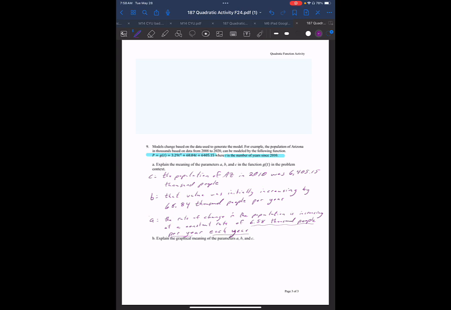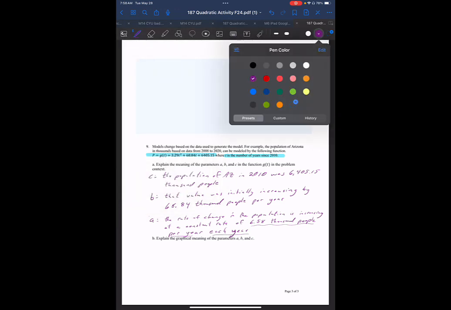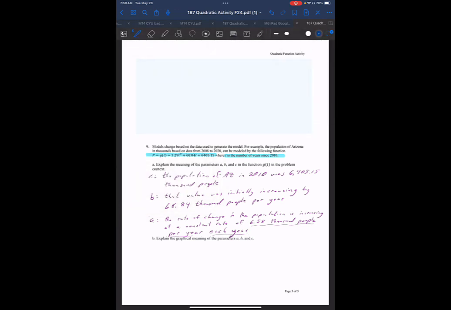And so then it goes on to say, explain the graphical meaning of these parameters. And so graphically, let me just change my pen for this one so it looks a little different on the screen here. Graphically, I would say that C is the output of the vertical intercept. So it is the value of the function when the input is 0.